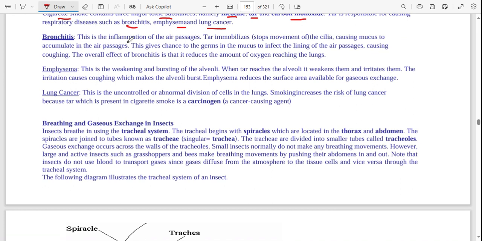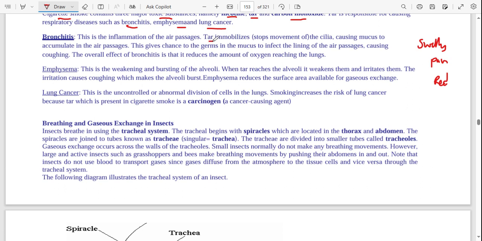Bronchitis is inflammation. Inflammation is a condition where you have got swelling, you have got pain, redness, okay? The place that has been inflamed becomes red, it is paining, it has swelled, it becomes big. So bronchitis is inflammation of the air passage, where air passes is going to have these characteristics.